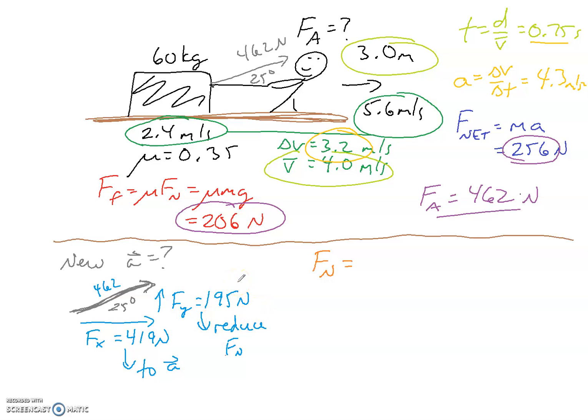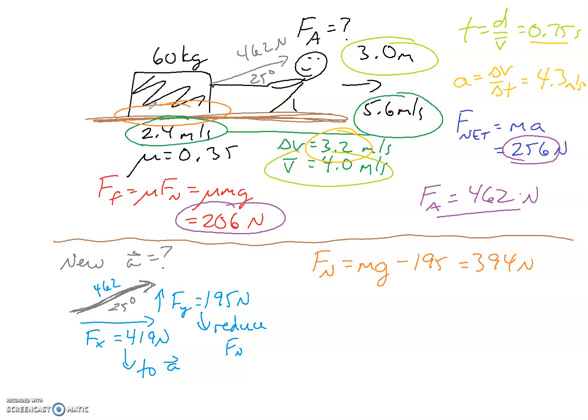So we'll start with the mg, which is the mass of 60 times gravity, but then we're going to subtract that 195 because he's reducing some of the pressure on the ground. The weight of the box is just under 600 newtons, and then we subtract 195, which leaves us with around 394 newtons of normal force between the ground and the box.